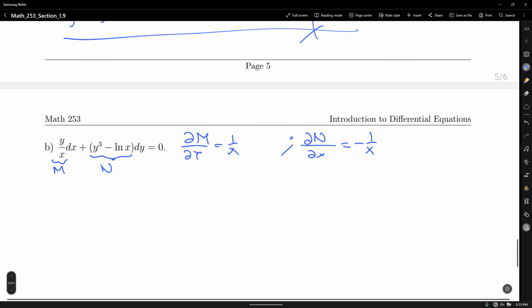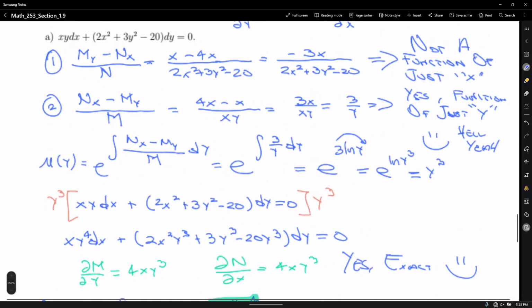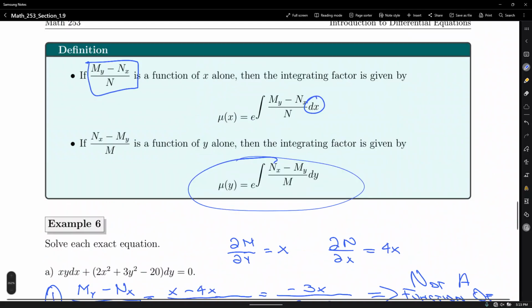Well, that means we need to figure out an integrating factor. We need to check both options. Maybe we're lucky and the first one ends up being a function of just x.